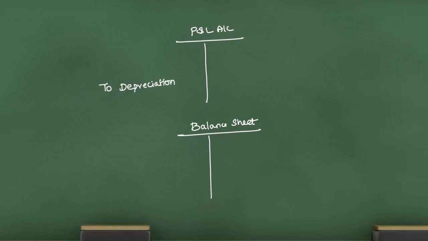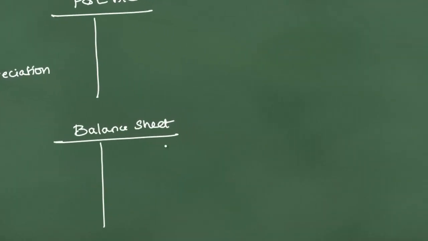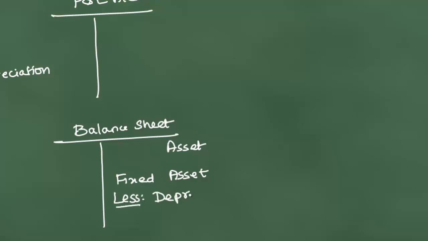And it will also find a place in the balance sheet on the asset side. In the balance sheet, on the asset side, particular fixed assets will be shown, and this depreciation will be shown as a reduction or deduction from the fixed asset. So it will be shown as less depreciation from the particular fixed asset.